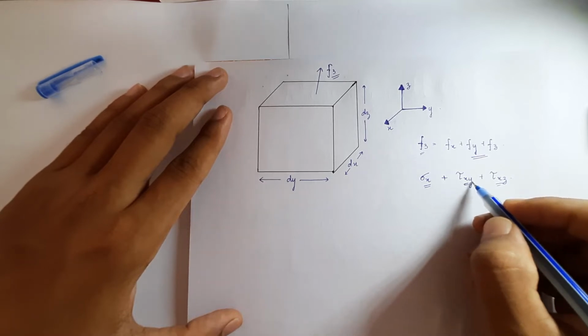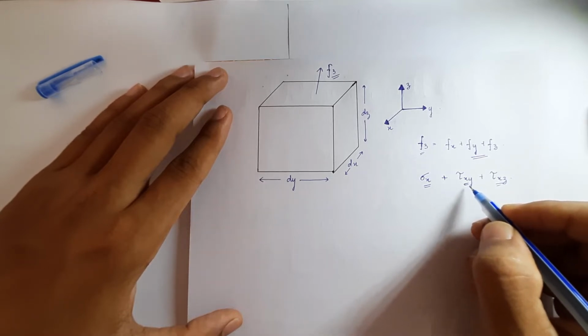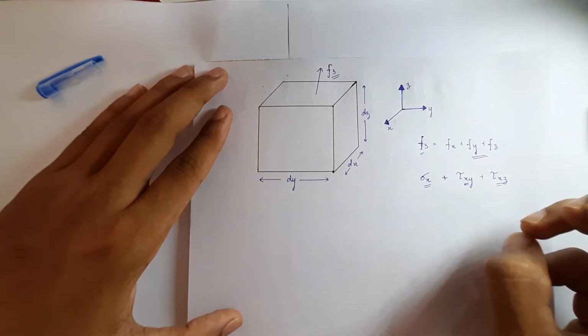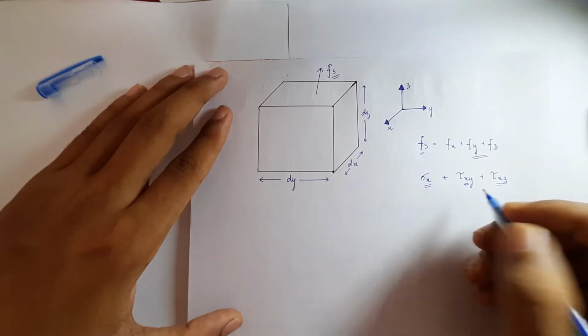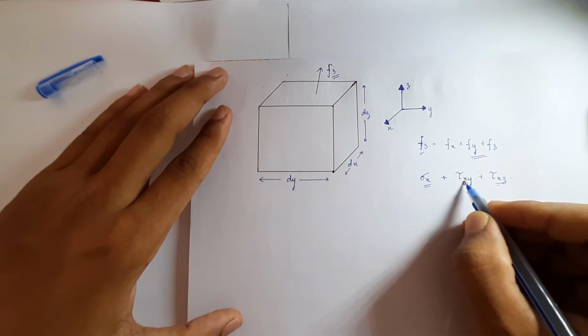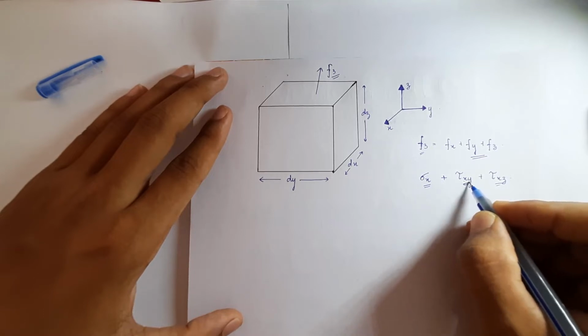So tau of xy means, the first subscript denotes the plane perpendicular to which our force is acting. Tau of xy means a force acting in a plane perpendicular to the x direction and along the y axis.